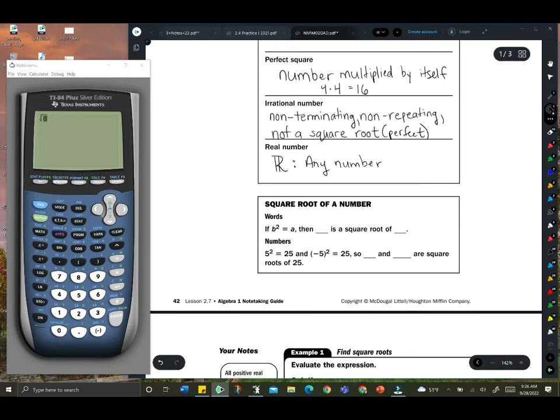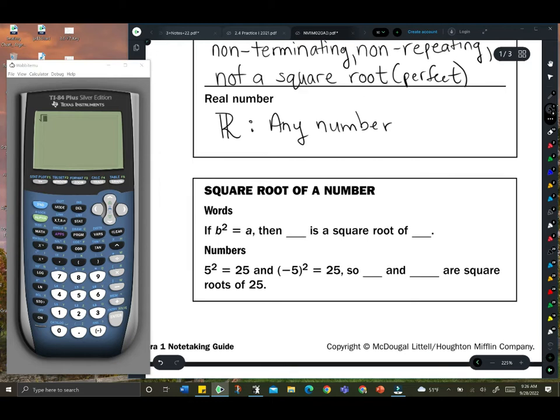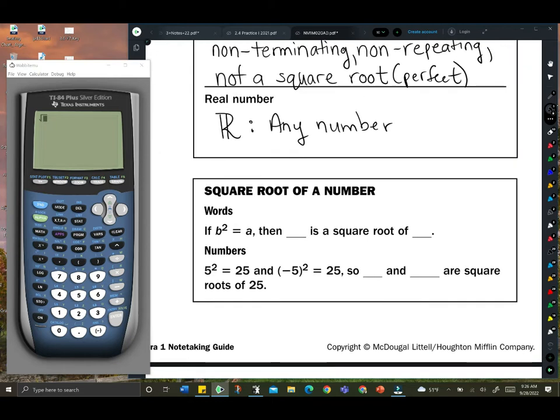So if b squared is equal to a, okay, then we call b the square root of a. What I mean by that, okay, so 5 squared is 25, and negative 5 squared is 25.